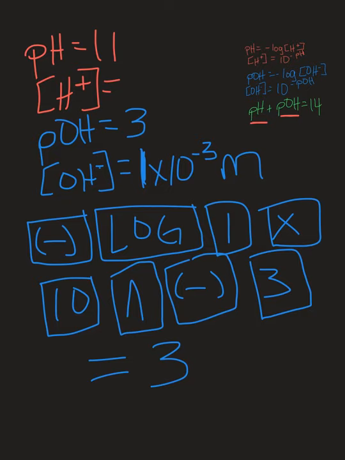Okay, that's a whole number, no decimal places. So what do you suppose your hydrogen ion concentration is going to be? Right, 1 times 10. Take that whole pH, and that's your negative exponent. So your final answer will be 1 times 10 to the negative 11 molar, capital M.